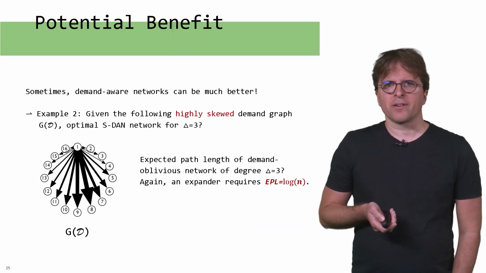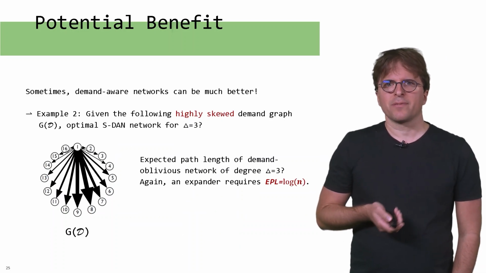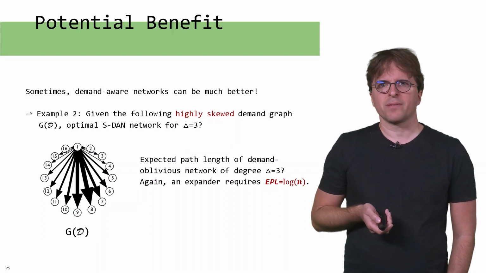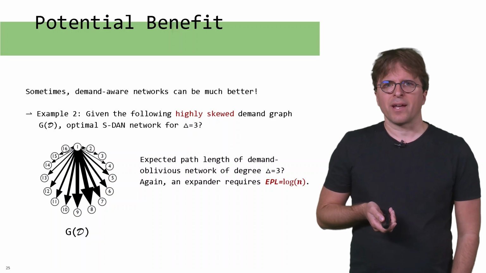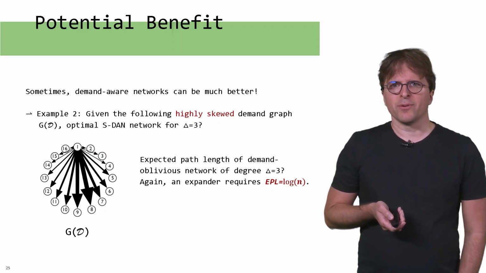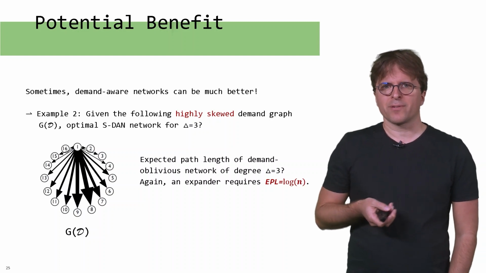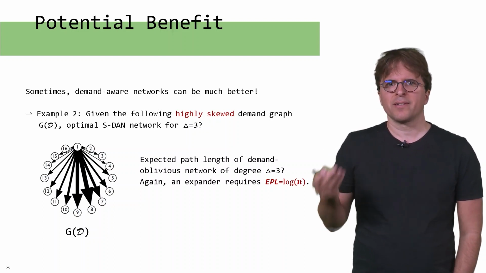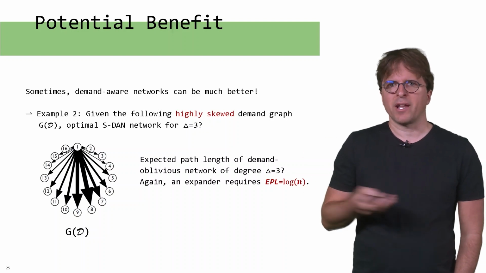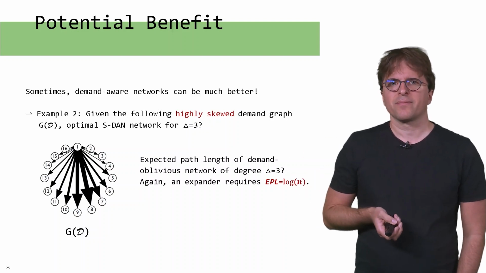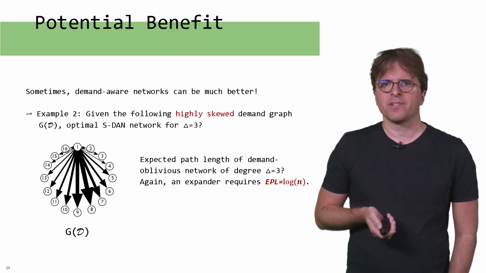We can have another example where we see the potential benefit of demand-aware networks. So let's say we have a demand graph here on the left that is very skewed. So a pair of nodes communicates a lot, but then another pair less and less, and there's some, let's say, an exponential distribution of the frequency at which these nodes communicate.